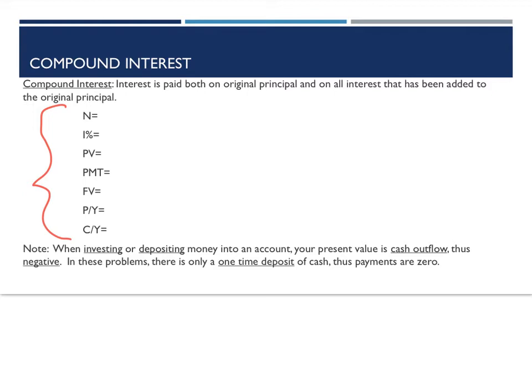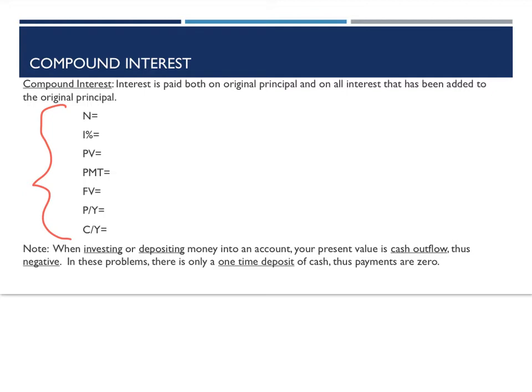There are compound interest formulas. Simple interest, we didn't have a choice but to use the formula. Compound interest, you can go on YouTube, you can find some fantastic formulas about how to compute compound interest. The thing is, they're a little hairy, and nobody in real life is actually going to use them.